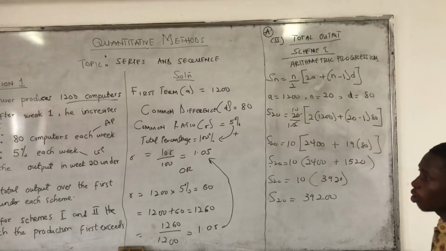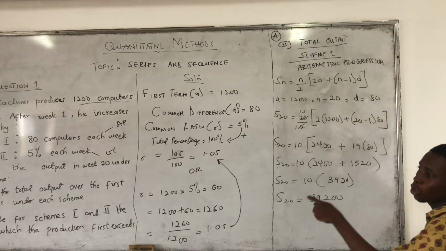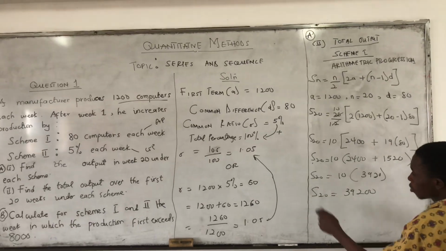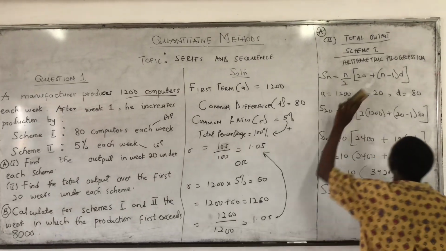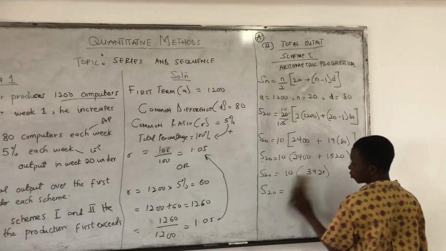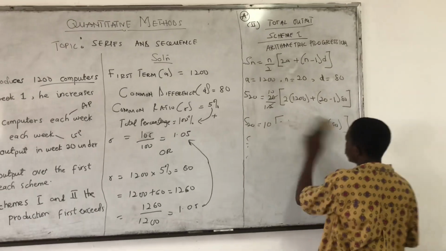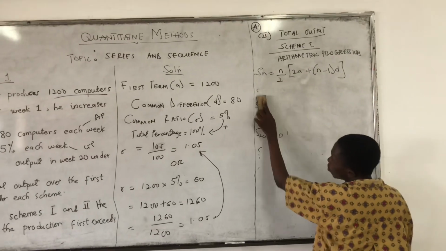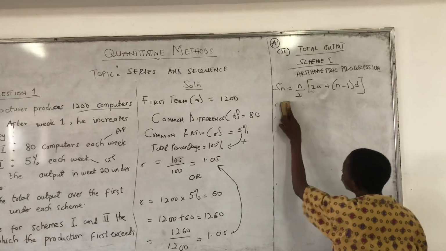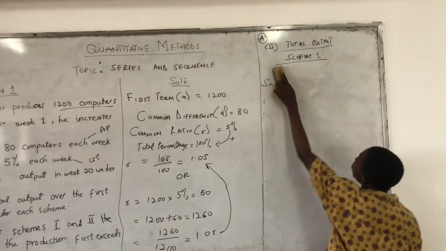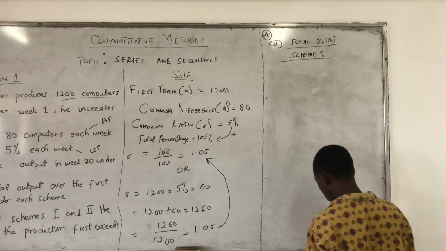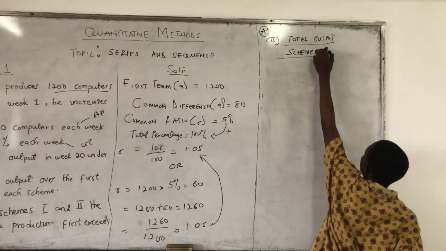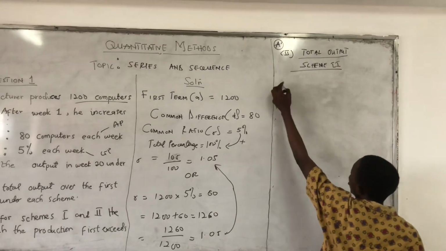Now we are going to find the same total output, but we are going to use what? Scheme 2, which is what? The geometric progression. We're using what? The common what? Ratio. So for scheme 2, we are finding our total output.